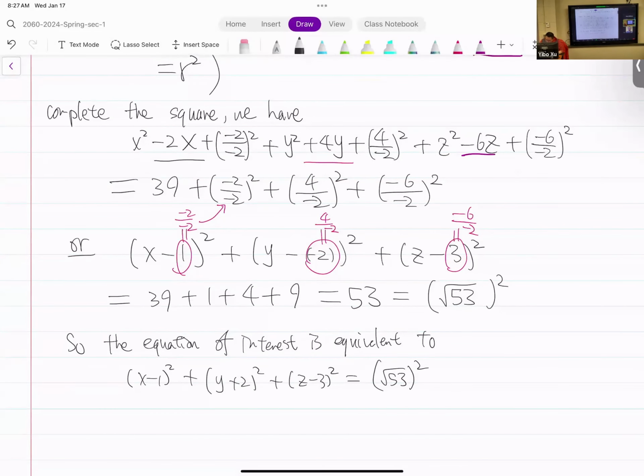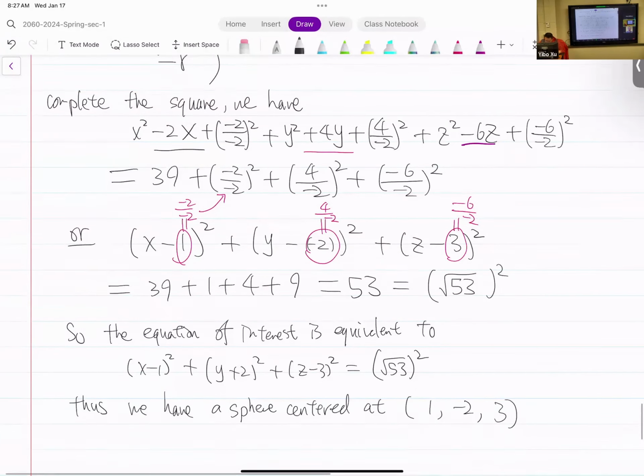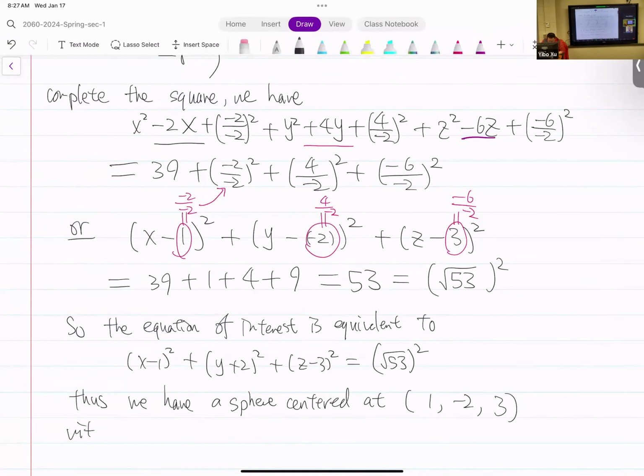So from this equation, we are able to see that thus we have a sphere centered at the point (1, -2, 3) with radius square root of 53. That's good.